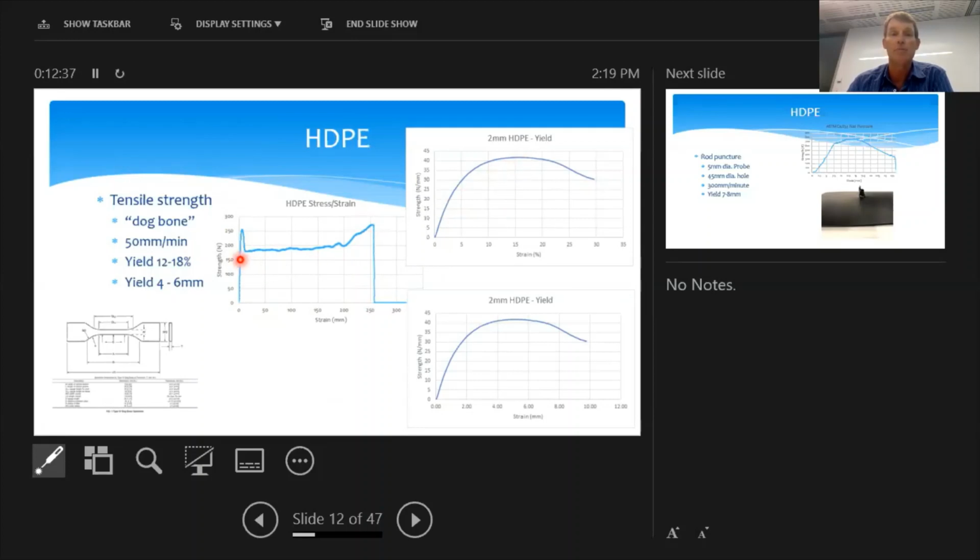So that very sharp curve that you're seeing there, when we look at it just on its own in terms of yield, we can see the strength of the material up to sort of 40 newtons per millimeter, and the yield occurs at a 12 to 18% strain, or when you're talking about millimeters, 4 to 6 millimeters of deformation, then yield begins in that zone.